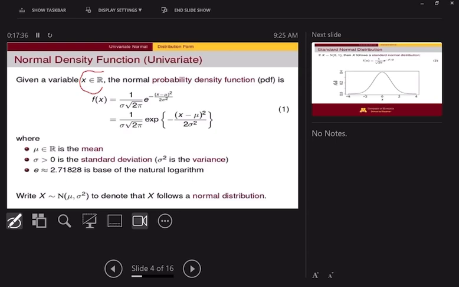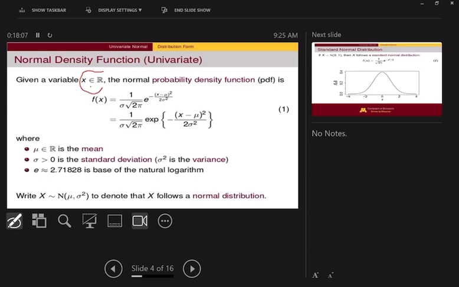Because blood pressure is a random variable, weight is a random variable, stock price is a random variable, and I want to understand a random variable, the best way to understand a random variable is to understand its probability distribution. And some natural and social phenomena exhibit the normal distribution.